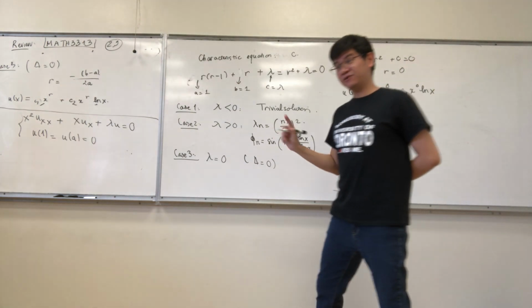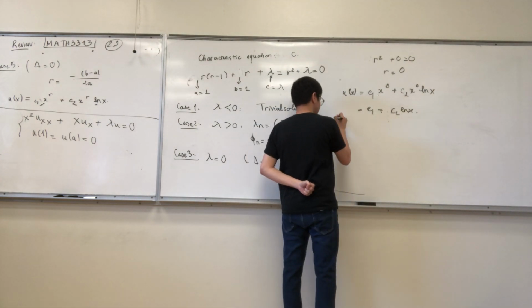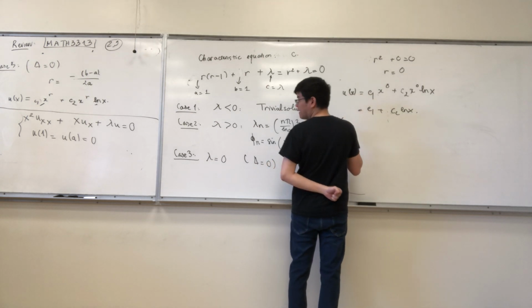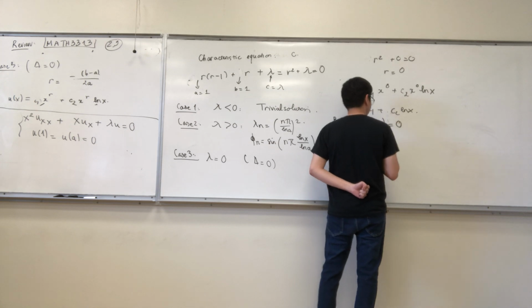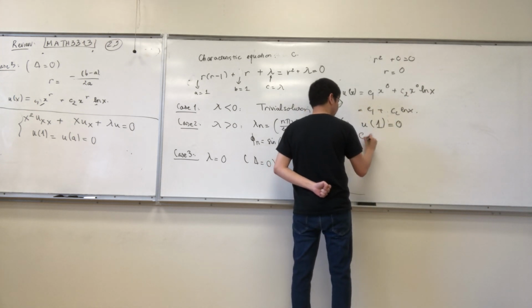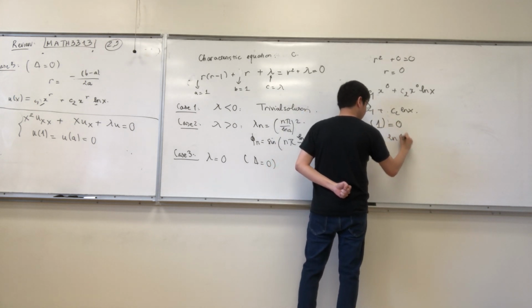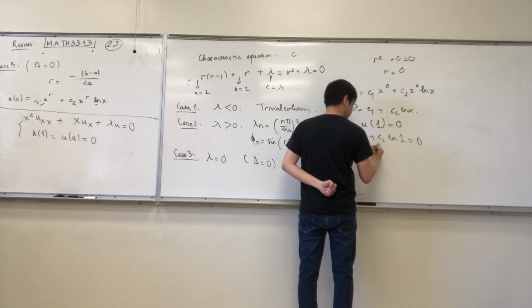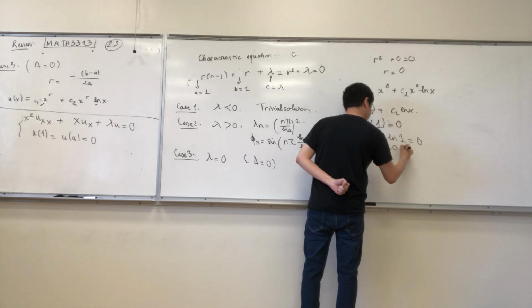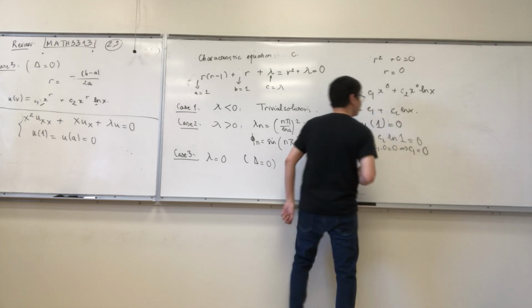Now I'm going to use the boundary condition, right? I have u of 1 is 0, which means that c1 plus c2 log 1 is 0, which means that c1 plus c2 times 0 is 0. So c1 is 0.